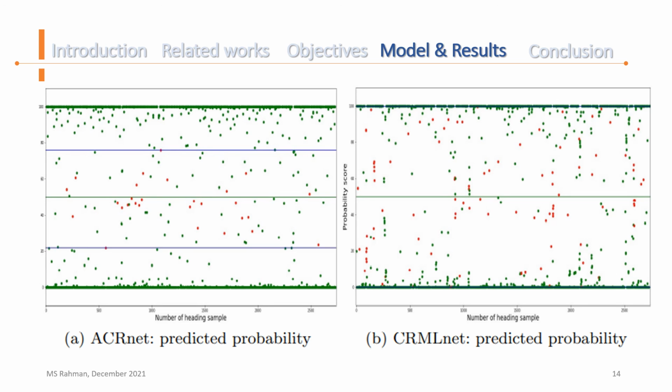The blue lines are overlapping on the 0% and 100% score lines for CRMLNet. It means there are some incorrectly classified samples that are close to 0% and 100%. Thus, ACRNet is more confident than CRMLNet because the shorter the distance between the blue lines, the more confident the model is. So, overall ACRNet performs much better than other models.